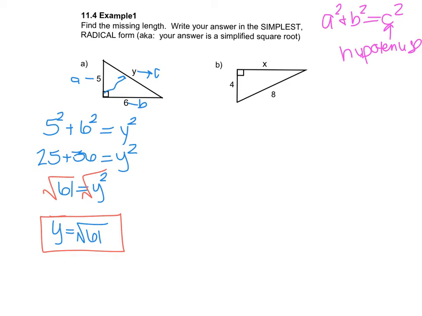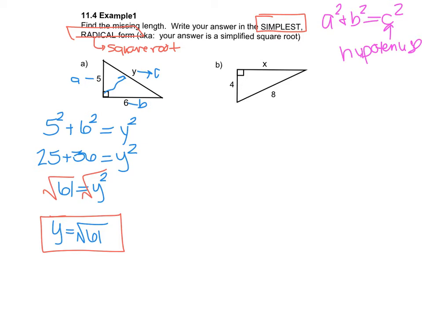And that's because if you read the instructions carefully, it says to leave it in simplest radical form. So whenever you see that word radical, radical is essentially saying square root form. So if it's saying to leave it in simplest radical form, it's asking you to simplify your answer, as in you're simplifying the square root.